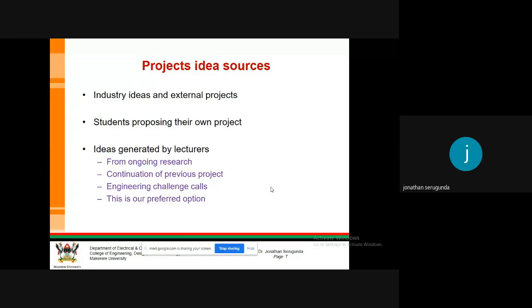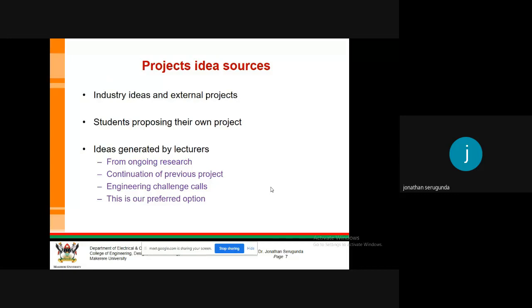So this is important. But there are also external projects from, say, I could get a project from Dr. Excellence or Dr. Sendegea from Kyambogo, and they help me be field supervisors here, and they guide the research. Now, what we are really pushing for are ideas from our own lecturers, mainly because they are very keen on seeing this project through up to the end.